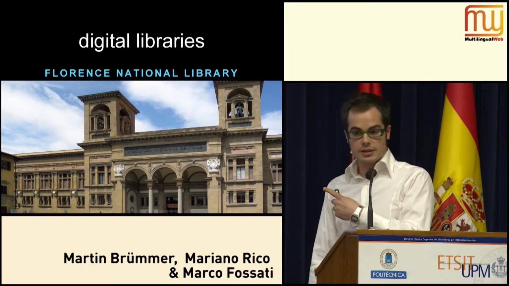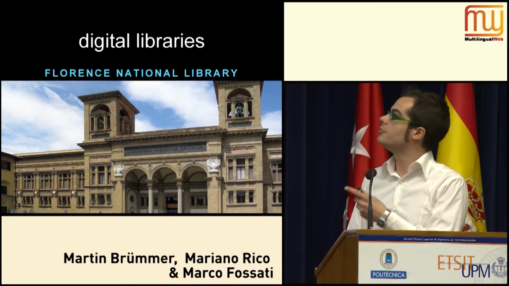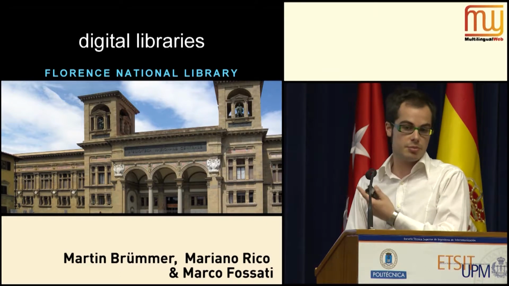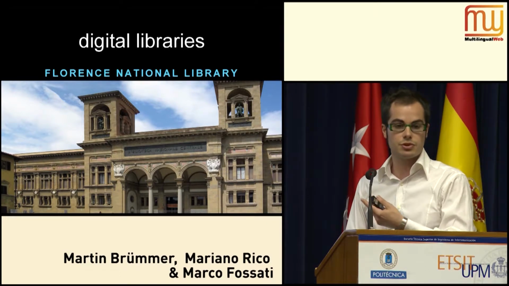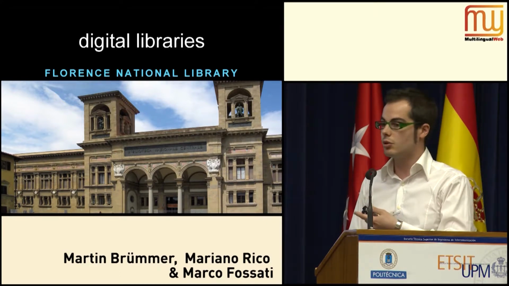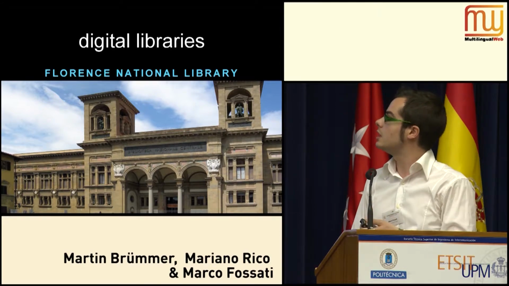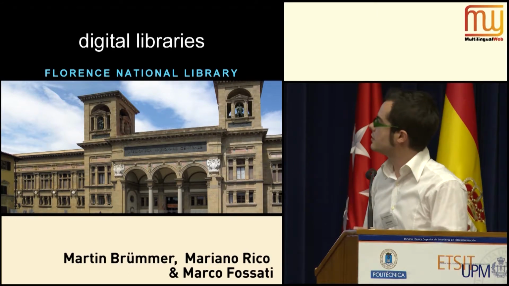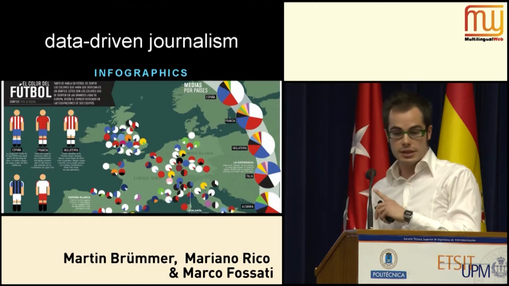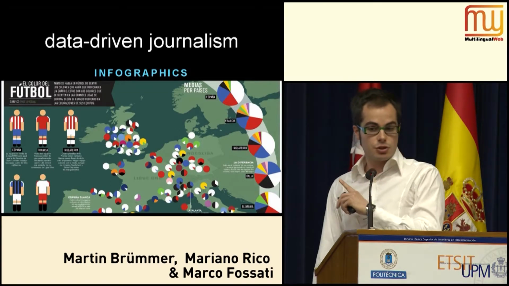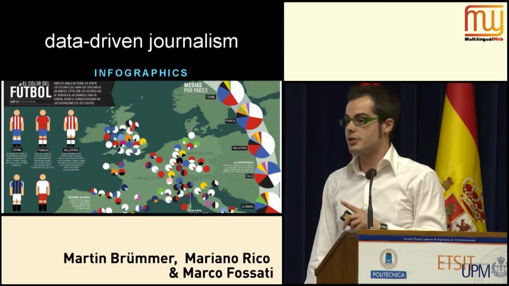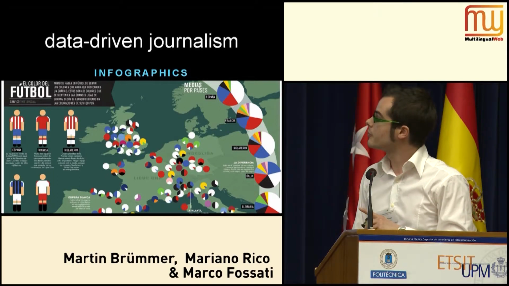The digital catalog of the National Library of Florence is adopting a similar approach with respect to books or writers and library-related entities. And last but not least, data-driven journalism is experiencing a steady growth.